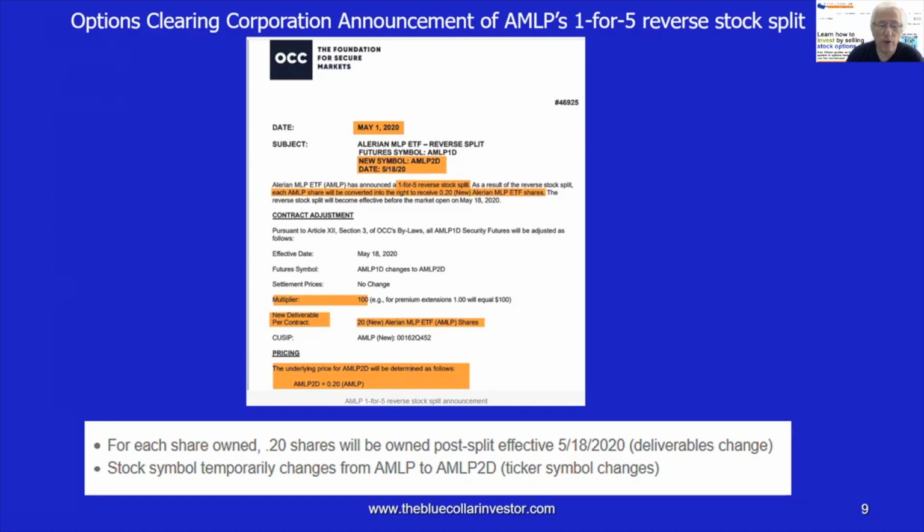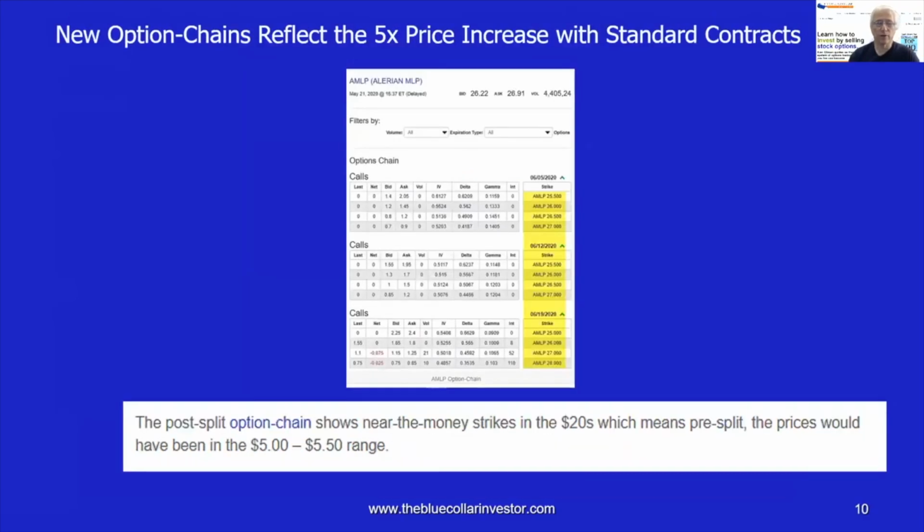And the ticker symbol for the security changed from AMLP to AMLP2D. And so for every share owned, 0.20 shares will be owned post-split, and the effective date of the split was May 18th, 2020. So once again, the deliverables changed and the ticker symbol changed, but nothing else.